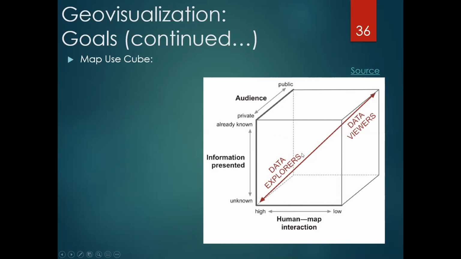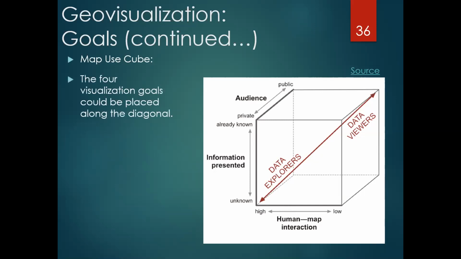And you combine these three coordinates based on the three positions, and you find a specific location within this cube, right? And the four visualization goals could be placed along the diagonal, right?